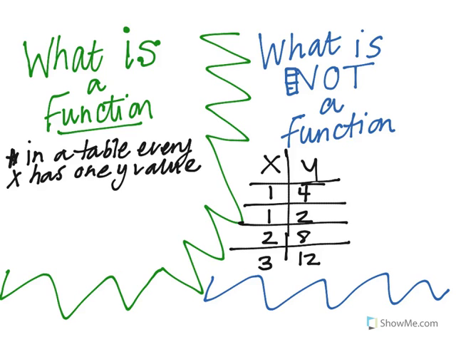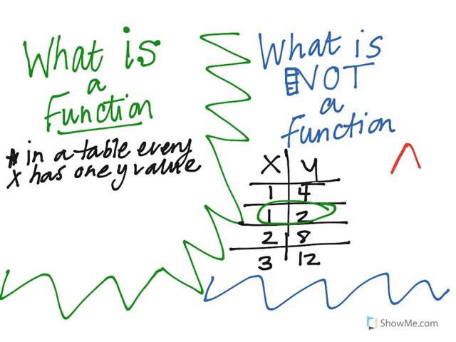Okay, on the right, the black table is what is not a function, because you can see that every x does not have one y value. Over here, x has 4 for a y value, but then it also has 2 for a y value. So this means that this would not be a function, because x cannot repeat with 2 different y values.